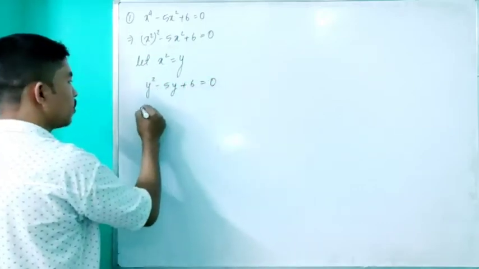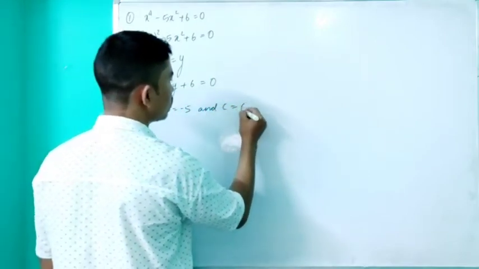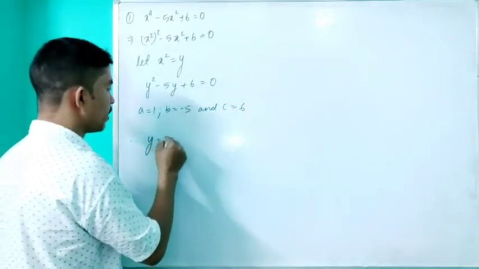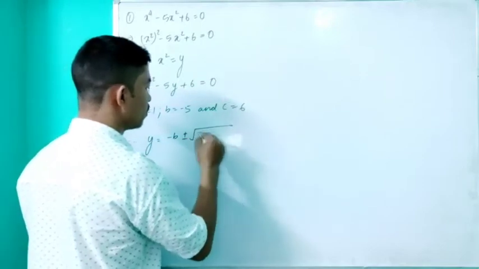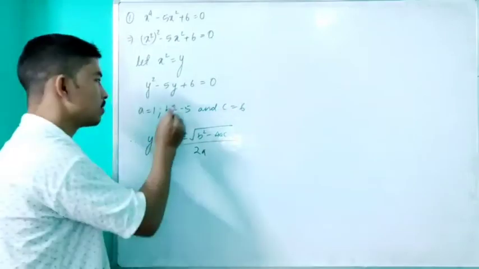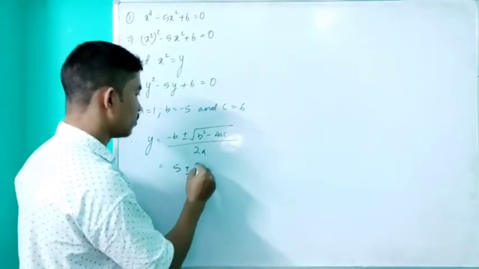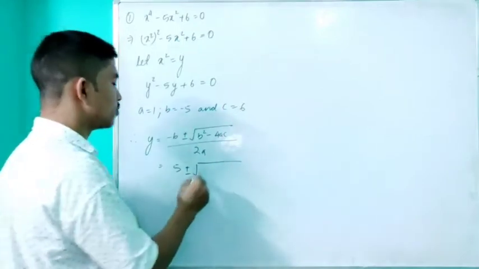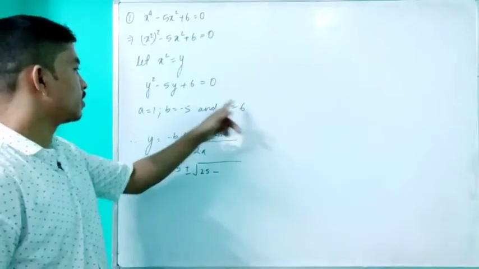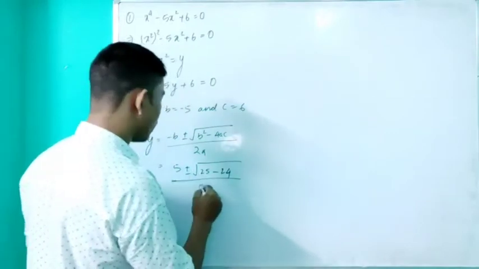So here the value of a is equal to 1, b is equal to minus 5, and c is equal to 6. So I can solve using the formula: y will be equal to minus b plus minus under root of b square minus 4ac divided by 2a. So substituting the values, in place of minus b I write 5 plus minus under root of b square, that is minus 5 square, that is 25, minus 4ac, 4 into 1 into 6 is 24, divided by 2 into a, that is 2.